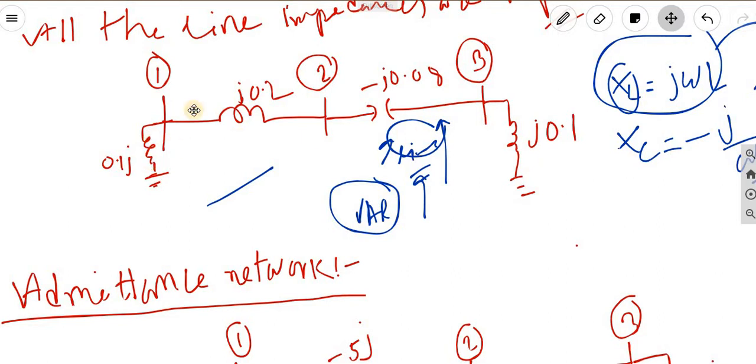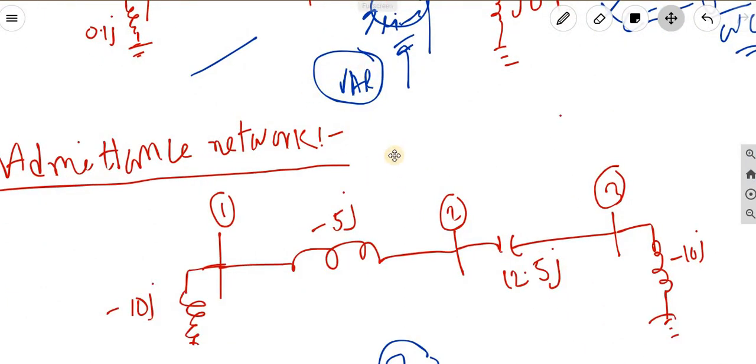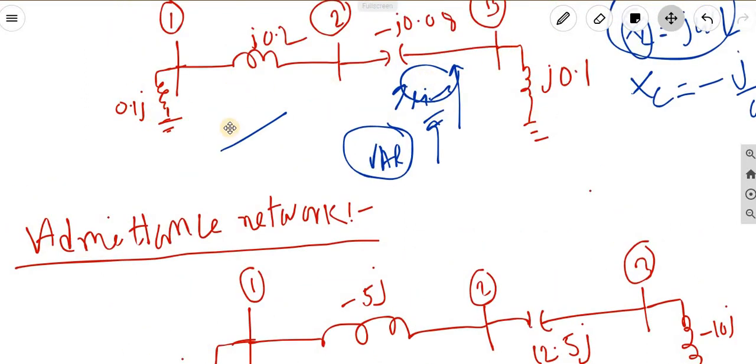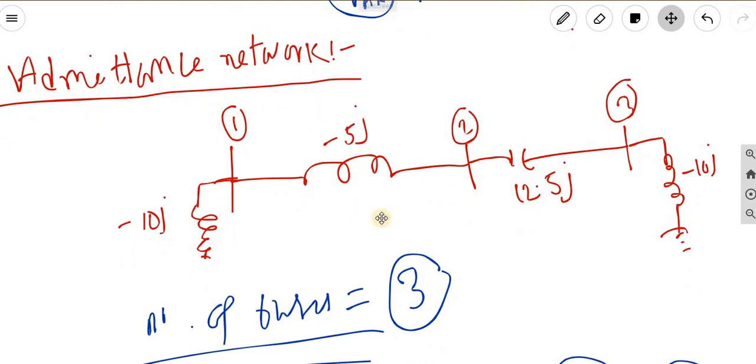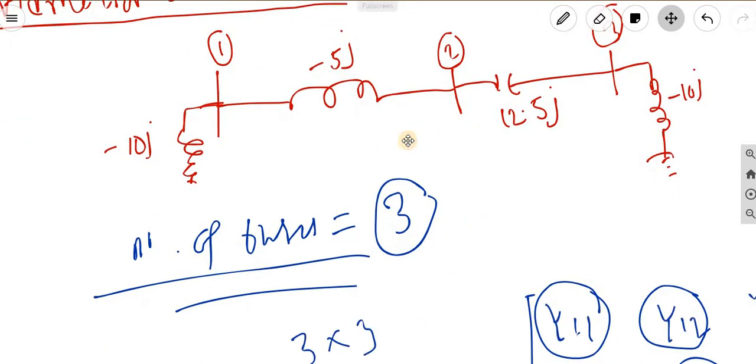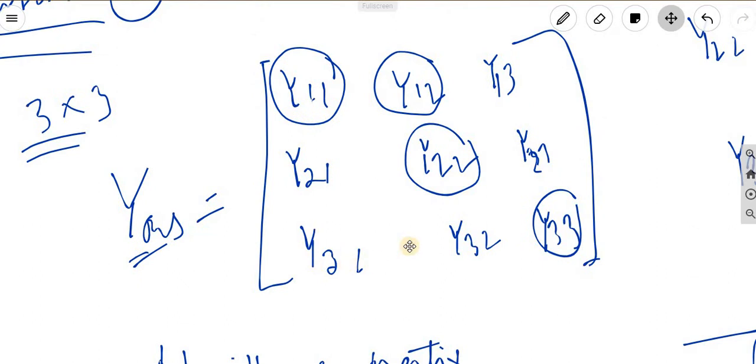Whatever elements are present in the network, you have to get the admittance value of all elements, lines, or any shunt element. From that you will get the admittance network. From there you just form the Y-bus matrix.